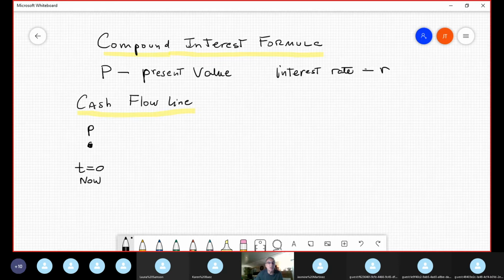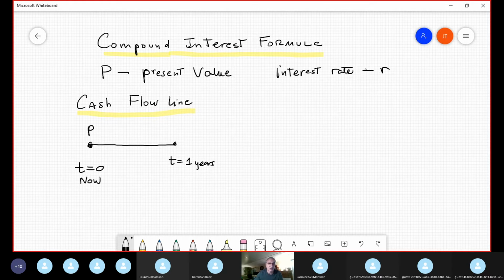P is the present value. And the time flow, cash flow. Suppose this is t equal 1 year. I want to prove the formula for years, but it's valid for a different period. I want to explain for year because it's easy to understand.